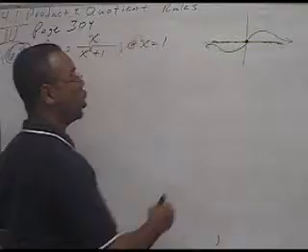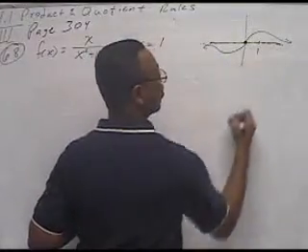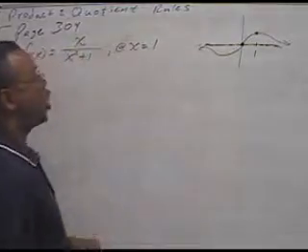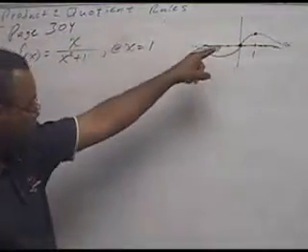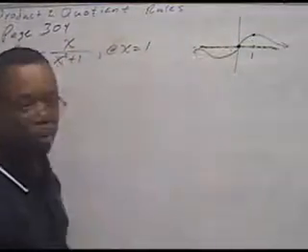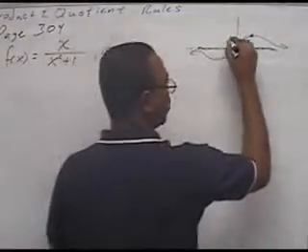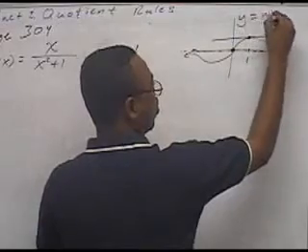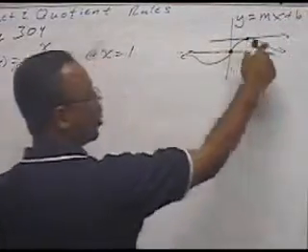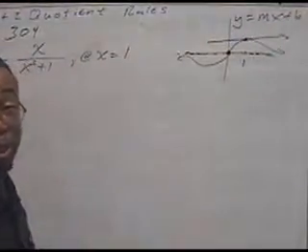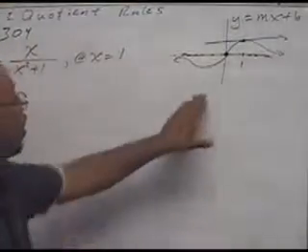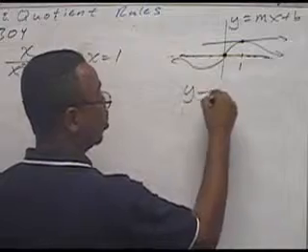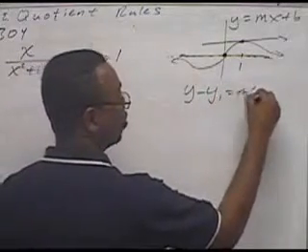Now, at x equals 1, we want to know what equation we would get if we set a line right through 1, tangent to the graph. So the question is, what is the linear equation for that line? To find that, we need to use the point slope formula.